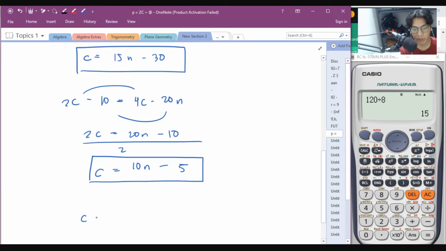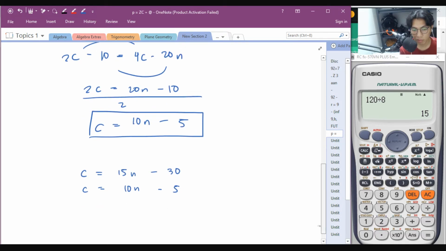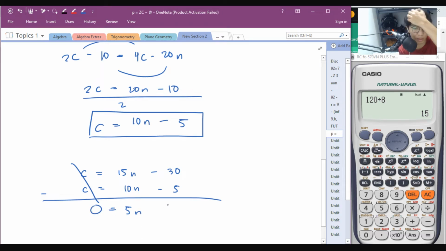So, C equal to 15N minus 30, where N is the number of children. Tapos, C equal to 10N minus 5. Okay. We deduct. Cancel na yung C. 15 minus 10, that is 5N equal to 25.